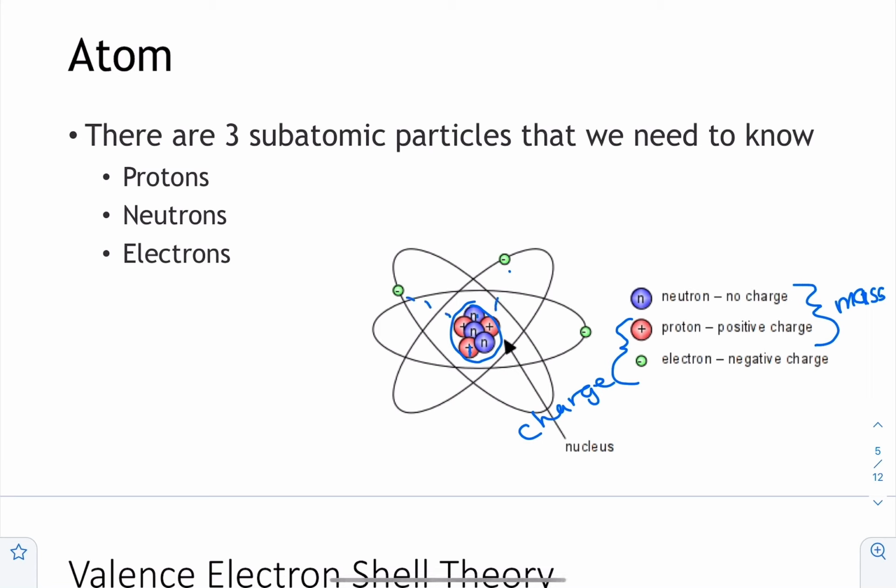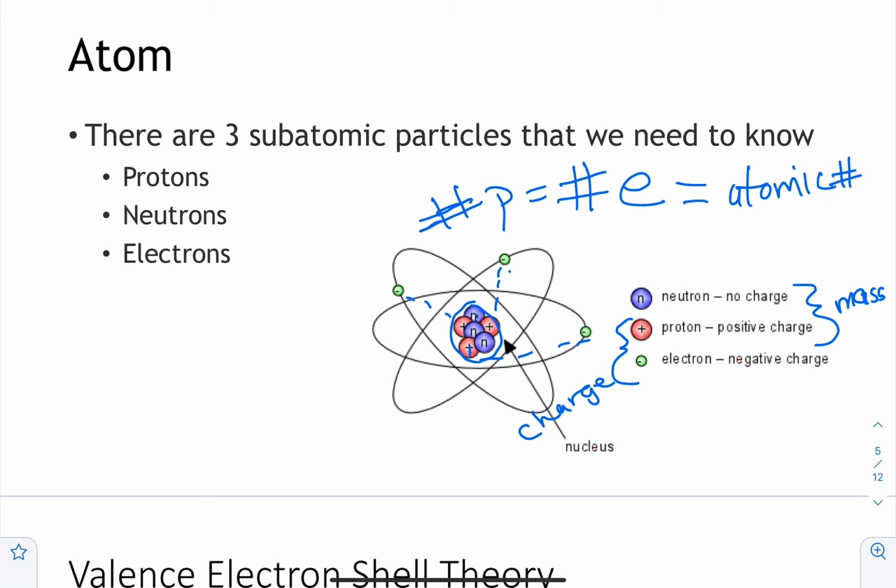Remember, positive always attracts negative. So the number of protons is always equal to the number of electrons. And because the number of protons is the atomic number, that's also equal to them. So these will always be equal in number.